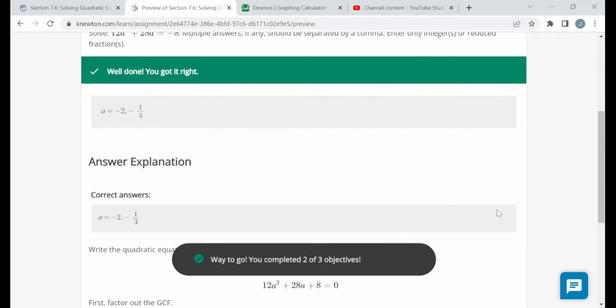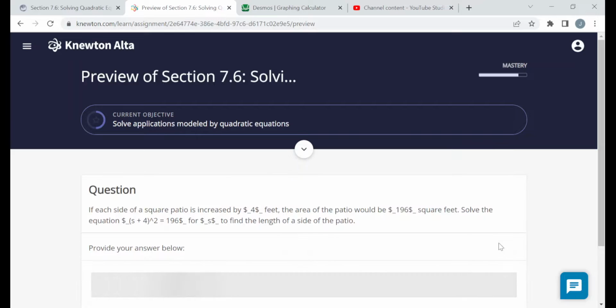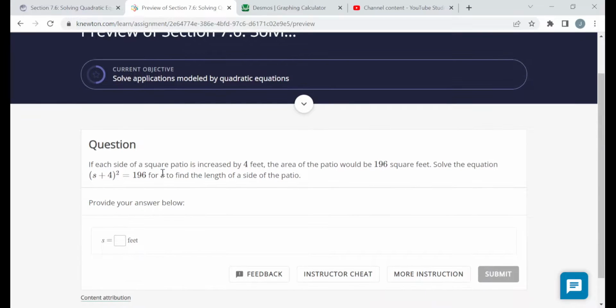Great. All right, and then the last problems should be those application problems, those word problems. All right, so this is, oh wow, they give us the equation. If the side of a square patio is increased by 4 feet, the area of the patio would be 196 square feet.